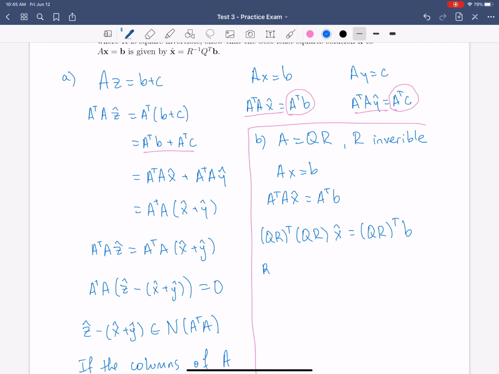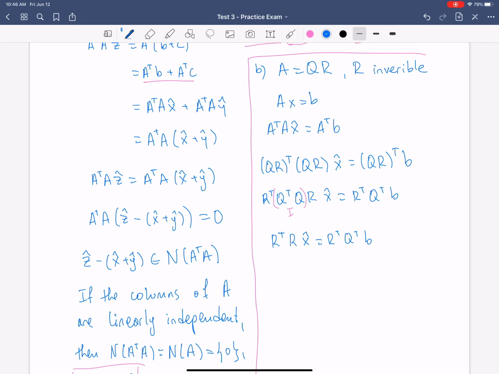So I have R transpose Q transpose times Q times R X hat equals R transpose Q transpose B. Now here, Q transpose Q is the identity matrix because the columns of Q are orthonormal. So this is just the identity. I can simplify and say R transpose R X hat equals R transpose Q transpose B.